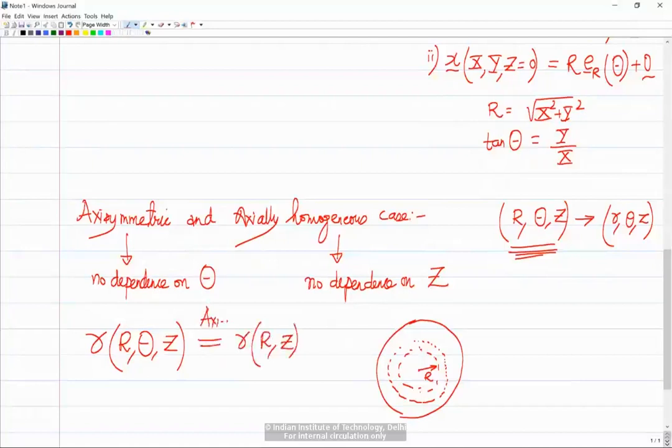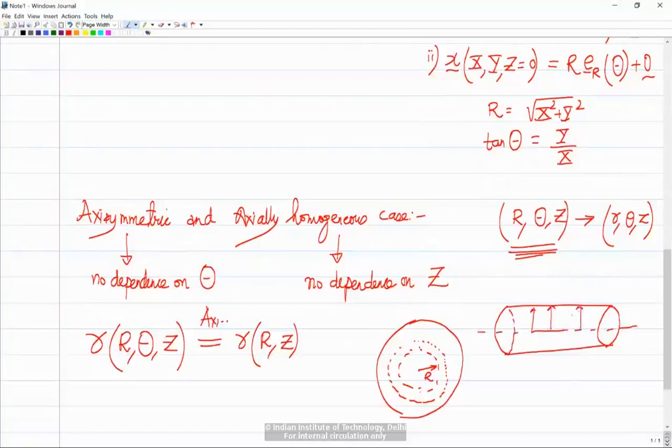But we are also talking of axially homogeneous. If this is the beam, then the cross-section radii along the axis must all shrink or expand by the same amount.